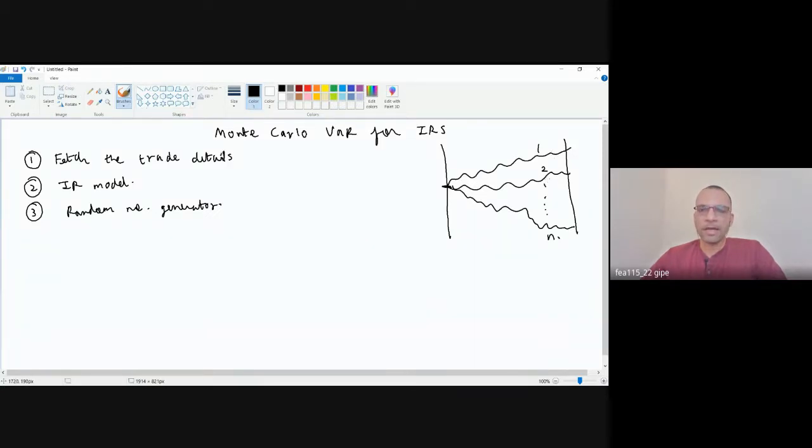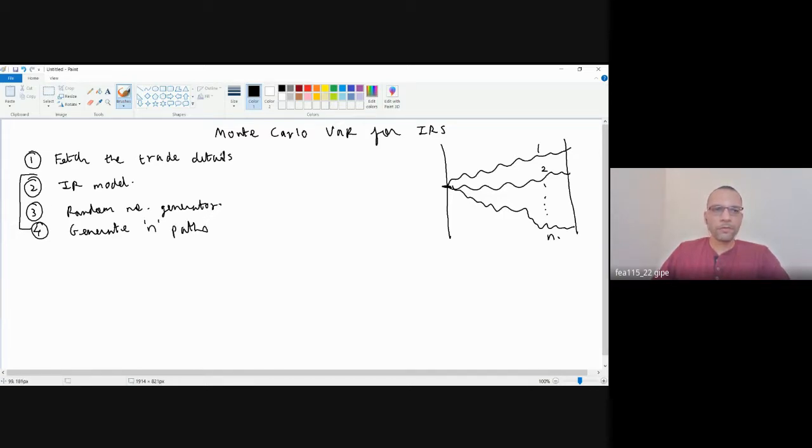And once I have that interest rate path, I have to work on an individual path at a time. So firstly, once my simulations are done, basically 2 and 3 are, or maybe I can add a 4 as well: generate n paths.